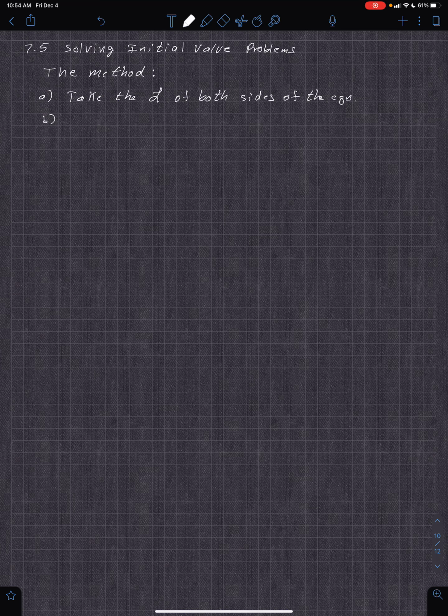So you use properties of the Laplace transform to solve, and use the initial conditions. So you'll have like y prime of 0 is 1 or y of 0 is 0 or something.